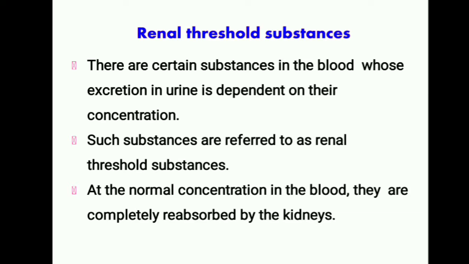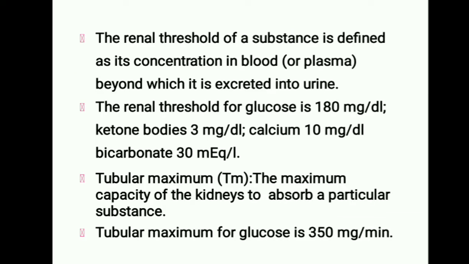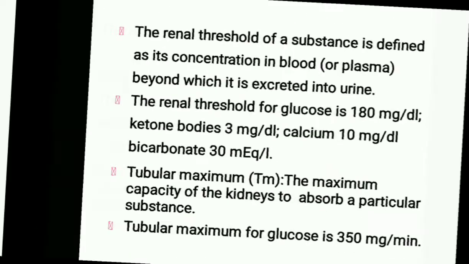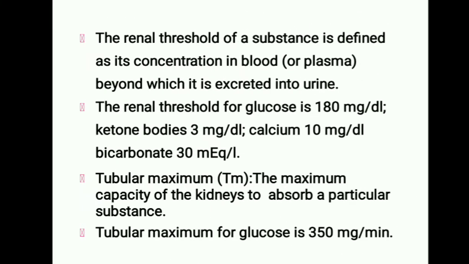Next we have renal threshold substances. There are certain substances in the blood whose excretion in urine is dependent on their concentration. Such substances are referred to as renal threshold substances. At the normal concentration in the blood, they are completely reabsorbed by the renal tubules. The renal threshold of a substance is defined as its concentration in blood or plasma beyond which it is excreted into urine.